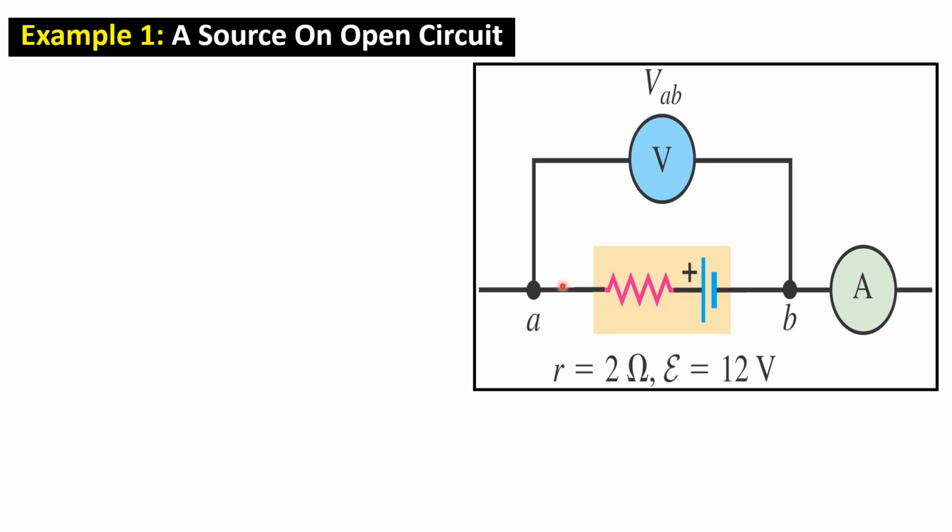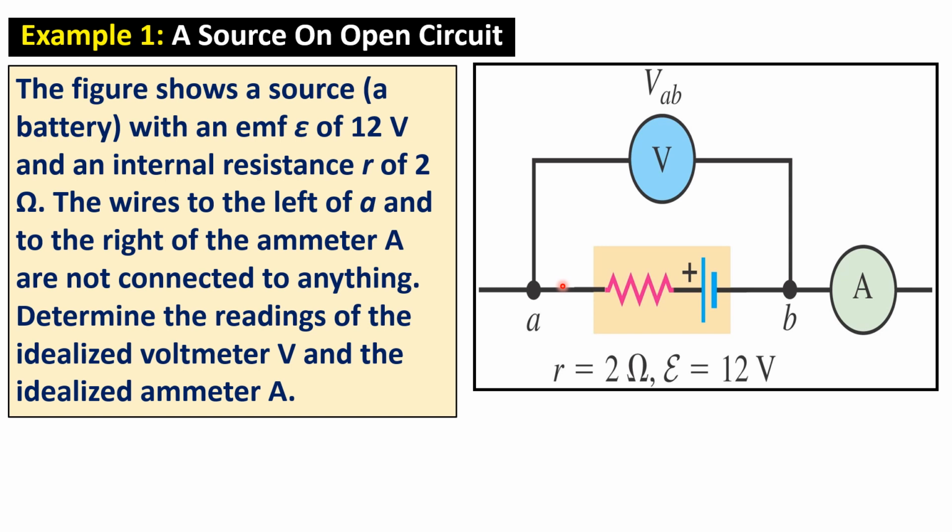Our first example has to do with a source in an open circuit, such as the one in the illustration or circuit diagram, which shows a battery with a maximum potential difference, also known as electromotive force, or EMF for short, denoted by the Greek letter epsilon, equals 12 volts.